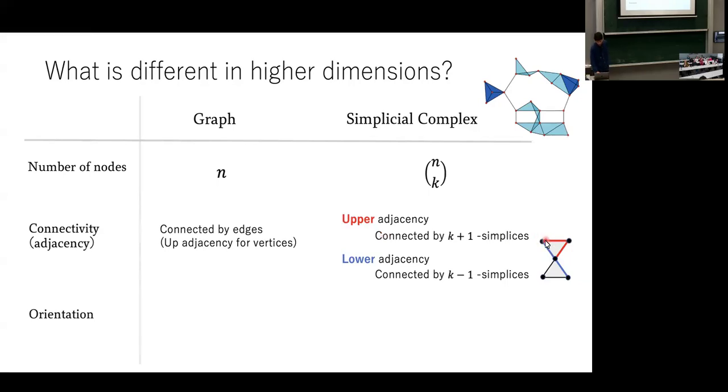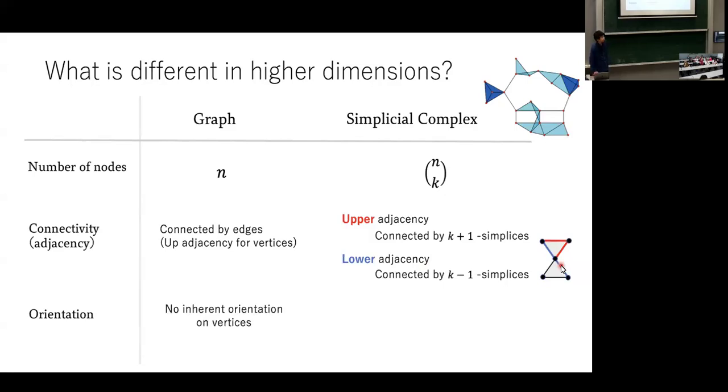For example, those two edges share the same triangle, so those edges are upper adjacent. But you can also imagine a lower adjacency, which means k-dimensional simplices connected by a (k-1)-dimensional simplex. In this picture, those two blue edges are connected by this vertex, so they are lower adjacent. But they are not upper adjacent because they do not share a triangle.